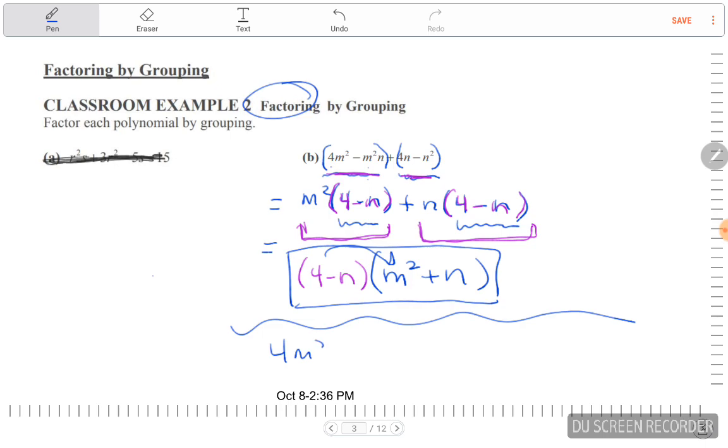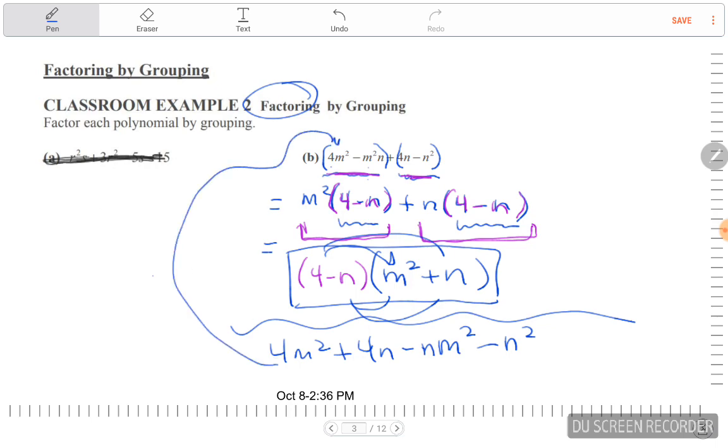So I have 4m squared plus 4n minus nm squared and minus n squared. Then check to make sure that each one of these terms matches your original polynomial. I was right in saying polynomial. So looking again, 4m squared is there, right?